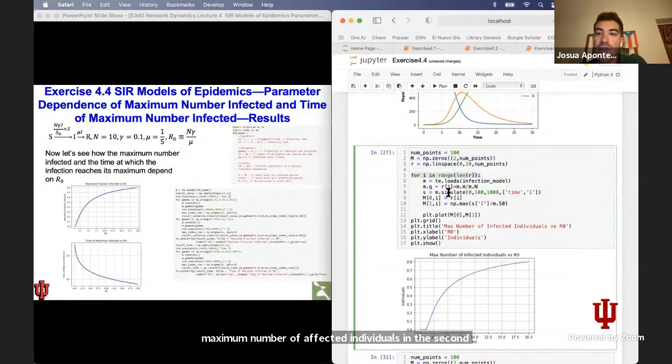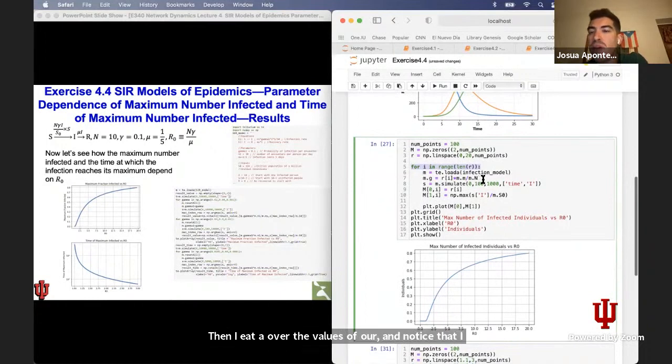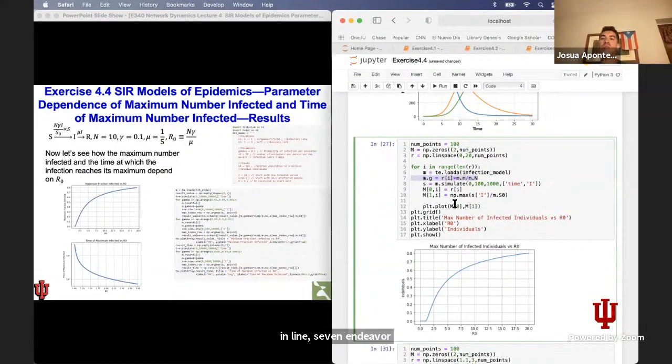Then I iterate over the values of R, and notice that I do something a little bit different in this case, in line 7. In the previous exercise, I was iterating over the values of gamma. But here, I'm actually iterating directly over the values of R. Once I have the values of R, I can solve this equation to determine what value of gamma will produce that value of R naught.